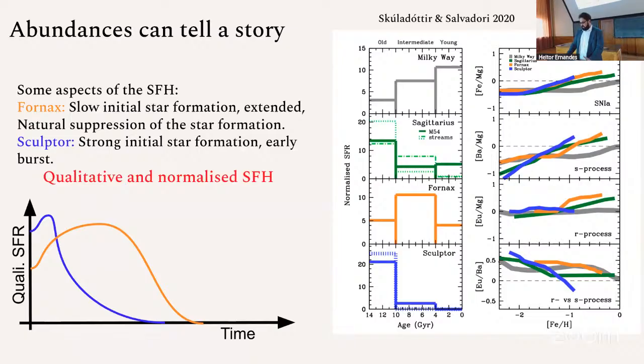how can we see that in the star formation history? How can we produce some qualitative star formation history, trying to identify the different patterns we see in abundances and how it connects in Fornax and Sculptor, just highlighting those now because they're the ones that we use in our work. So there are two different shapes, just for context.